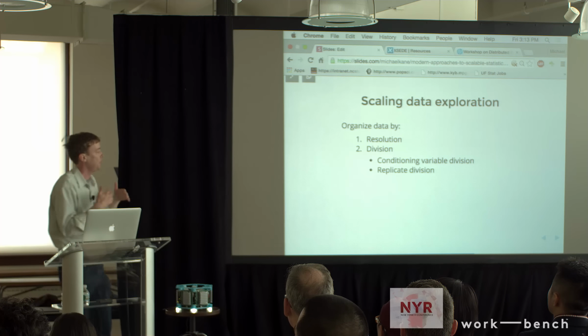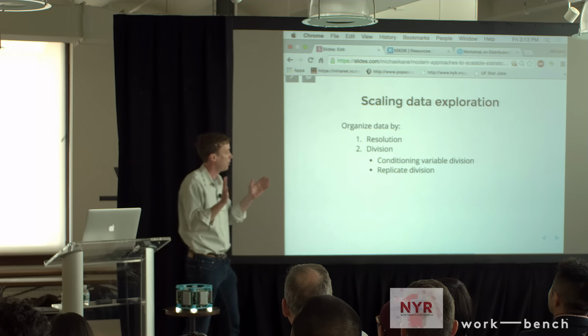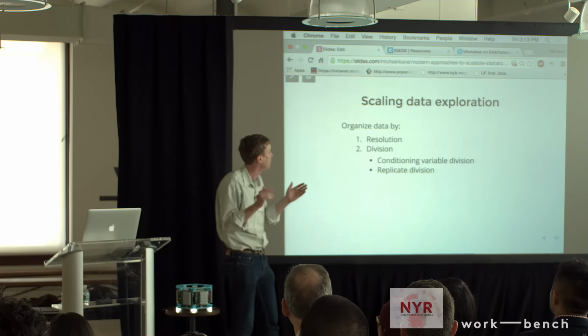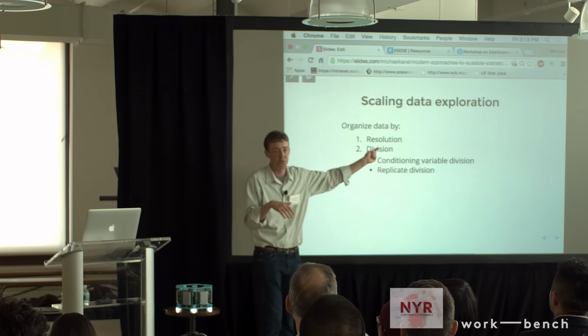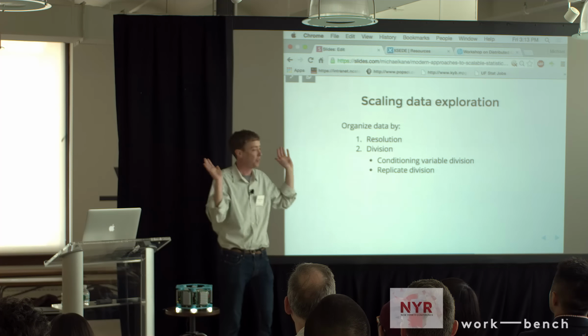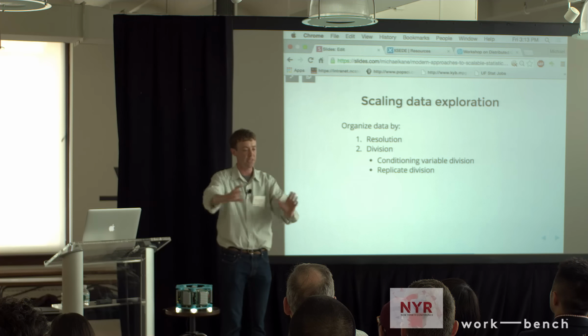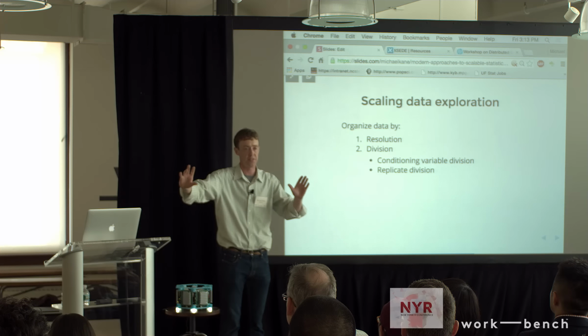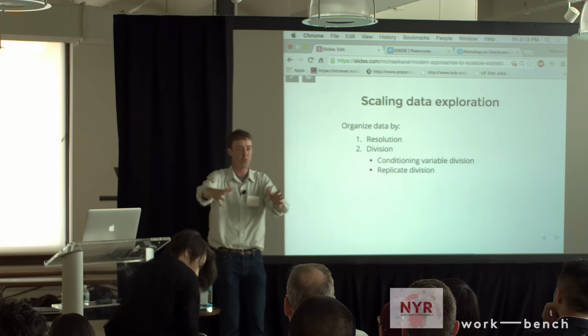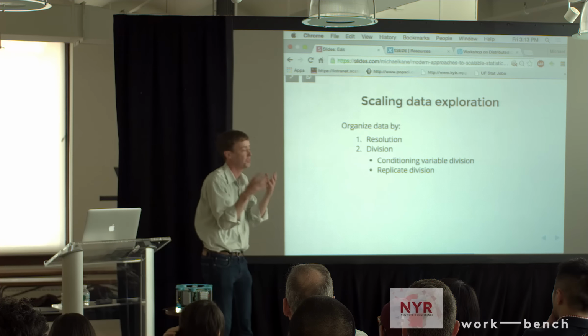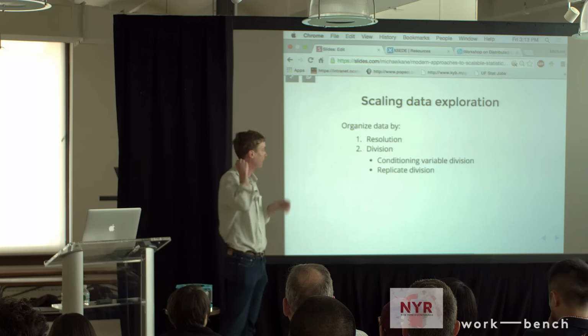I would say the two approaches people use right now is they organize data by resolution. So this would be like if you're looking at map data, and you have summaries of census blocks, and you have a heat map using the census blocks, and then you can zoom out and you see things by country level. So this is organization by resolution.